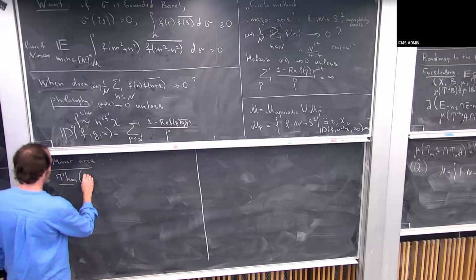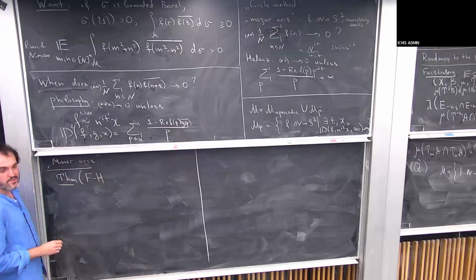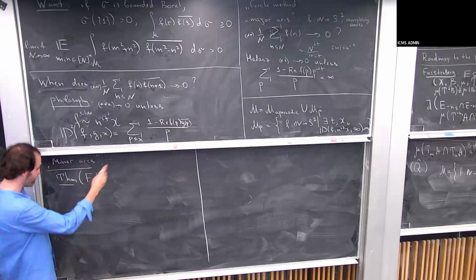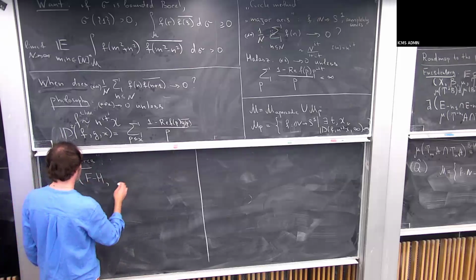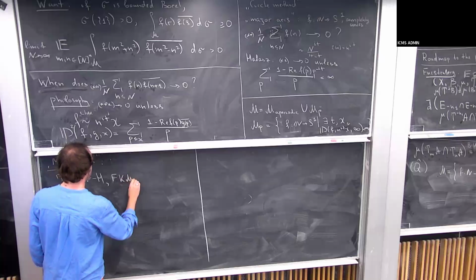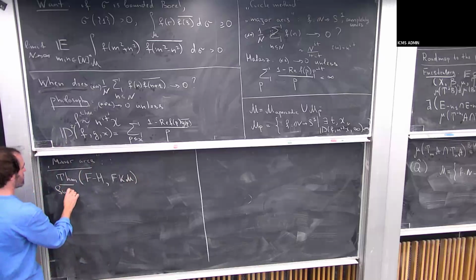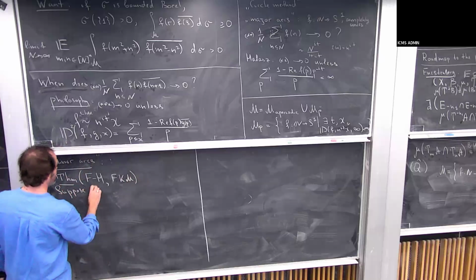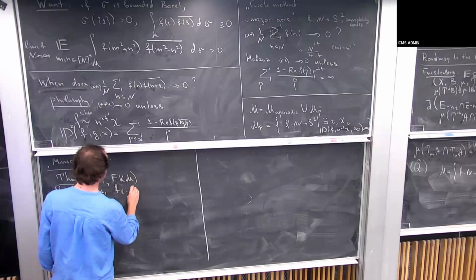So this is due to Frantzikinakis and Host, this 2013-2017 paper that we've seen over the years, and in full generality right now with some extra addition by us. So suppose I give you a bunch of multiplicative functions.